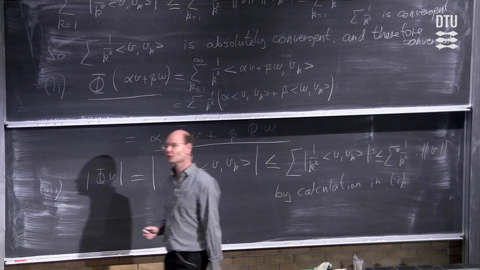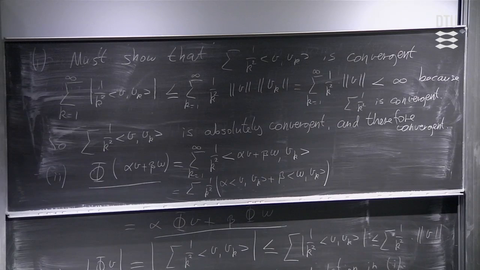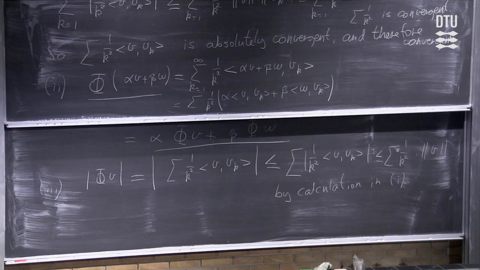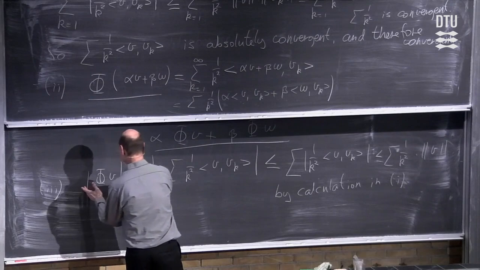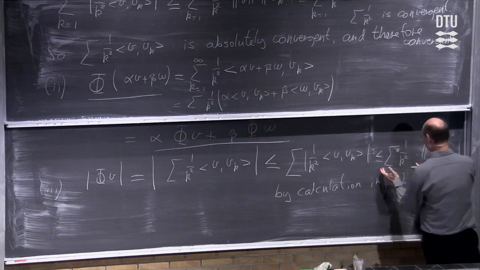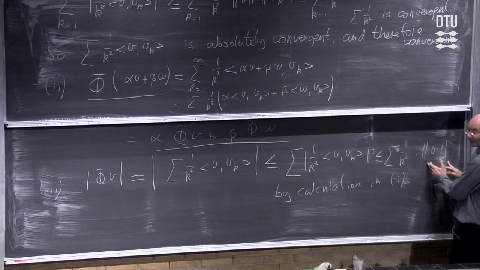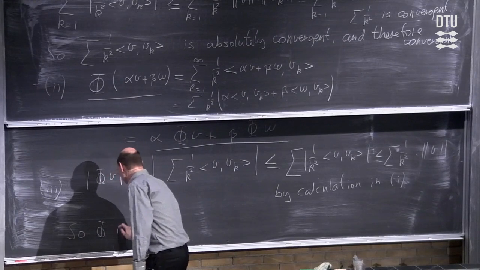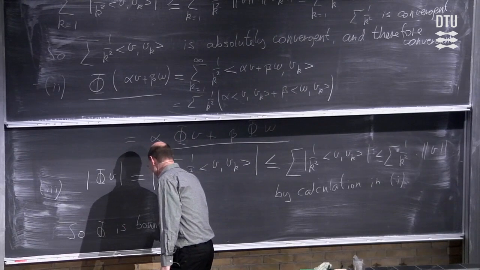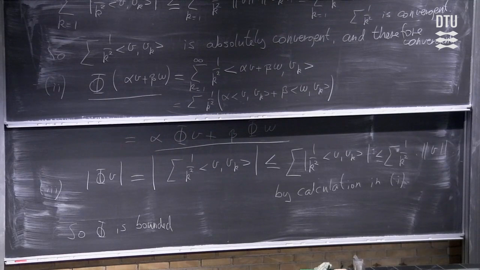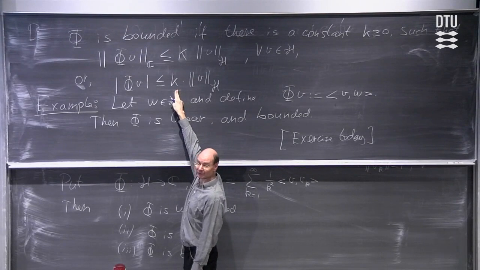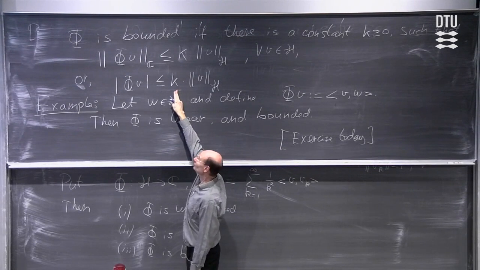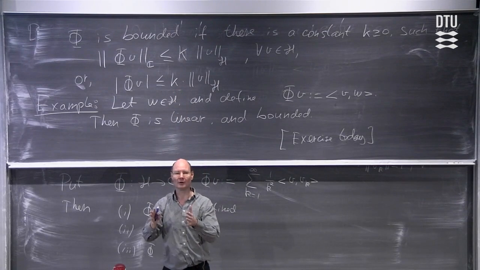So can you also formulate the conclusion? Yeah, so phi is bounded because this is indeed smaller than some constant, namely the constant here, times the norm of v. So that means we have shown exactly the existence of a constant to put in here. Now, we also had a special name for the smallest constant to put in here. The smallest constant was the one we denote by the norm of phi.